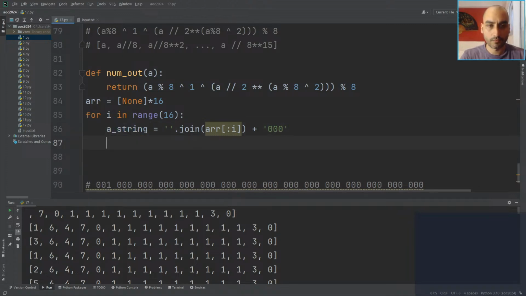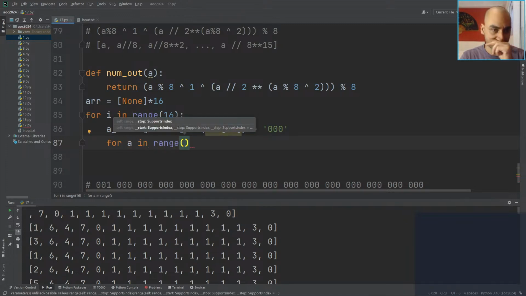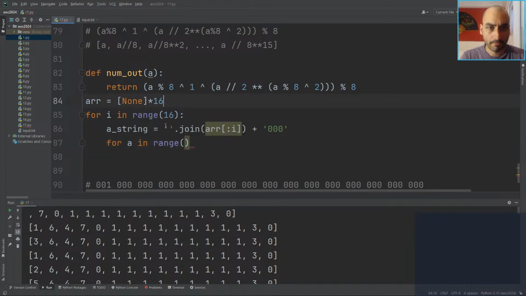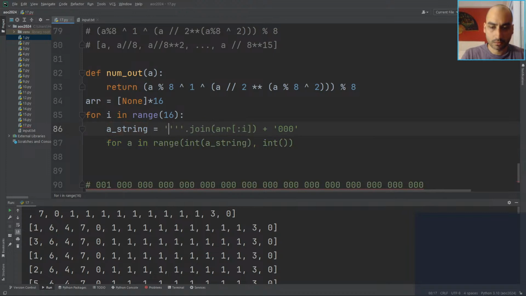So for A in range starting from int A string and ending on int. So this is, so we need B plus that. What's wrong with this?